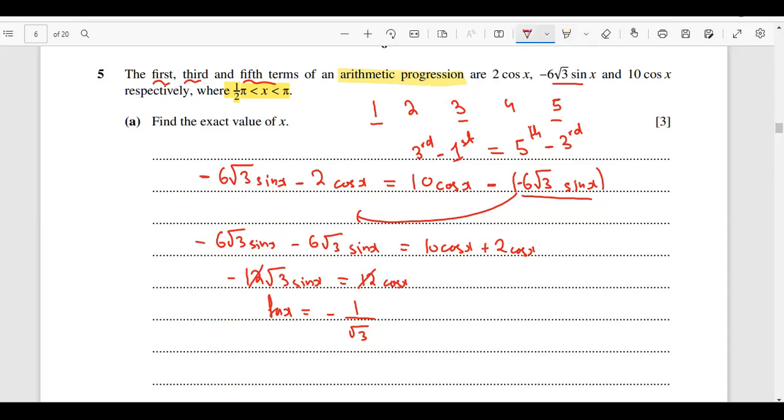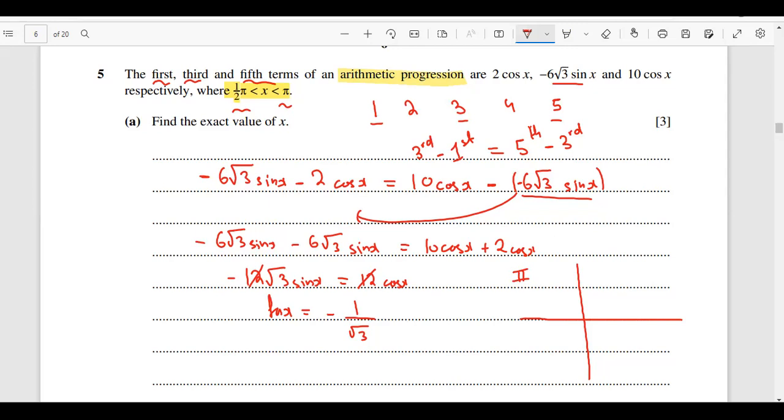Make sure that your calculators are in radians mode, and that is going to give you, this is how it is. Okay, this quadrant, half pi and pi, is basically the second quadrant, and we know that tan would be negative in the second quadrant.